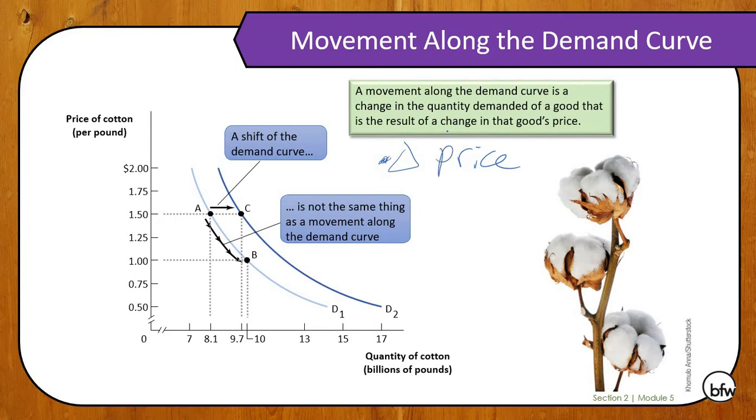Basically, if the price drops suddenly for cotton, as it shows here, from $1.50 to $1, we are going to have an increase in the quantity demanded for cotton. So it went from Q1 to Q2 right there. This will make more sense later when we're shifting the curves and when both supply and demand are on the same graph. But for now, just know that a change in price is what's going to cause a movement.